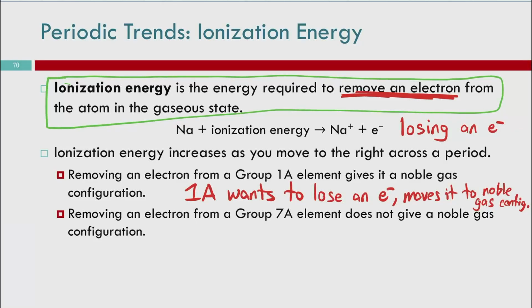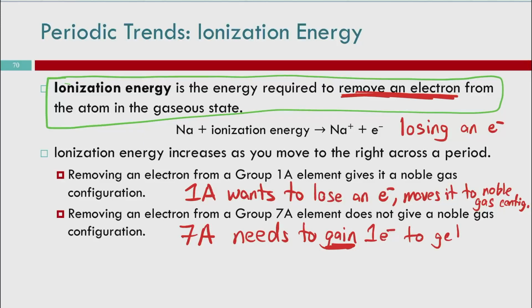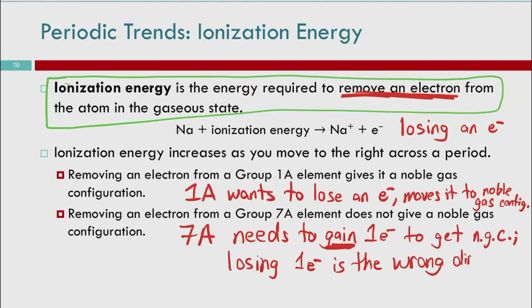So if you're moving the opposite way, that's the last thing that they're going to want to do. So it needs to gain 1 electron to get noble gas configuration. Losing 1 electron is the wrong way. So we've got very, very high ionization energy.